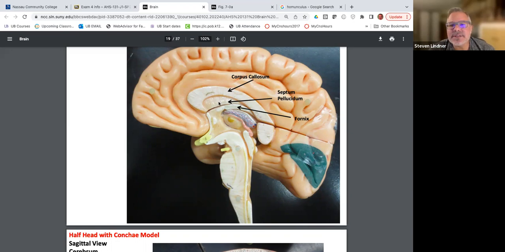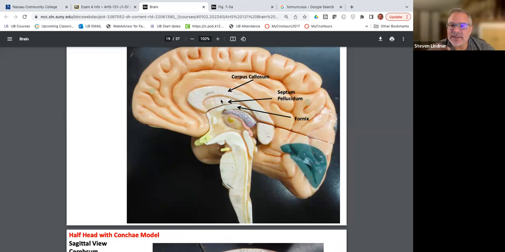This translucent area is called the septum pellucidum. The septum pellucidum is a very thin membrane that separates the lateral ventricles from one another. And I'll show you what the lateral ventricles are.